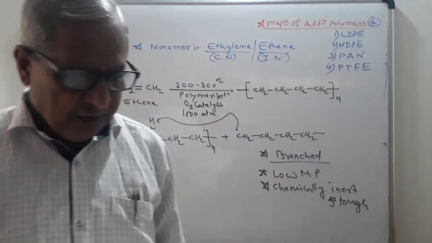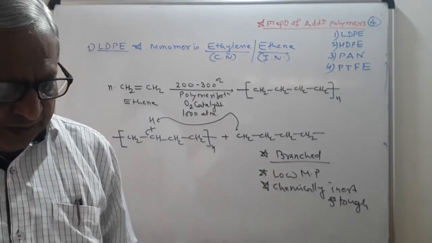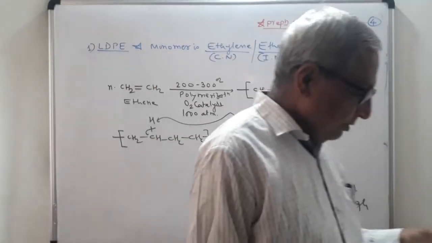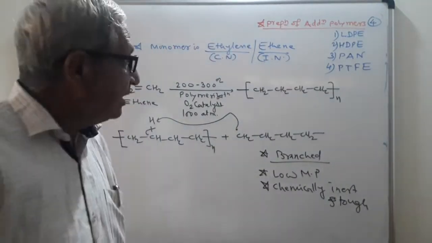Therefore, these are used for transparent polyethylene, and being poor conductors of electricity, are used in insulation cables, packing bags, making bags and flexible pipes.